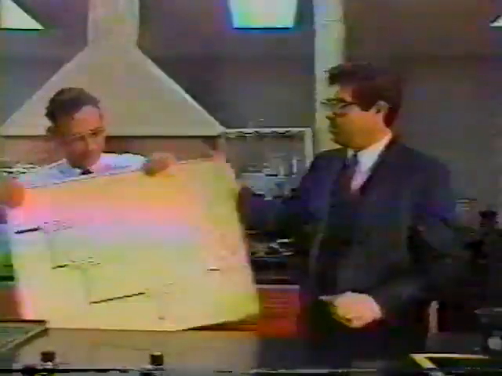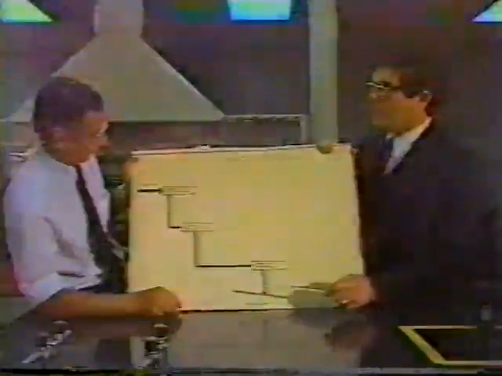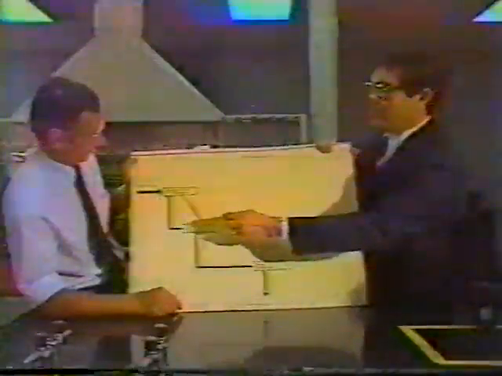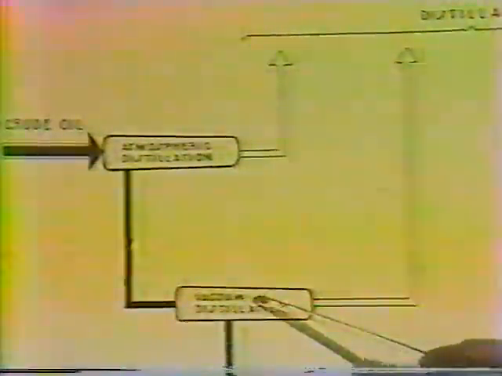George, would you please hand me this chart? Let's look at a simplified flow chart through a typical refining process. You take crude oil and it's sent to the atmospheric towers. You refine off the gasoline and other distillates. You take the heavy remaining part and that's sent to the vacuum towers.